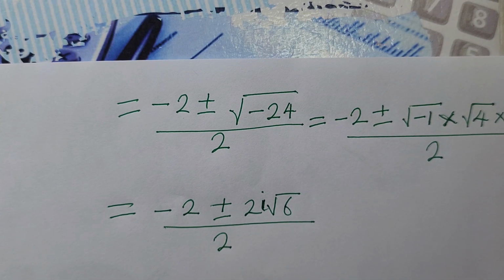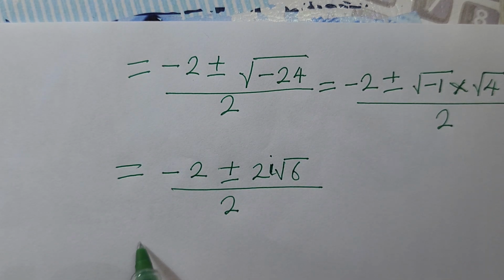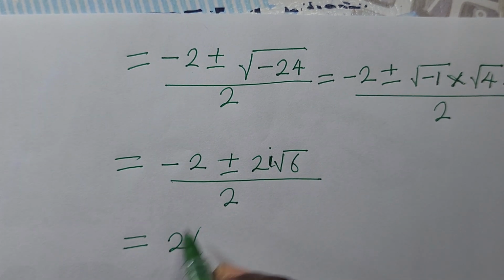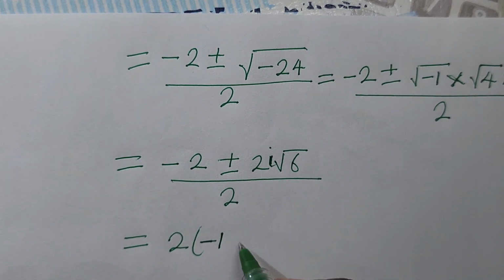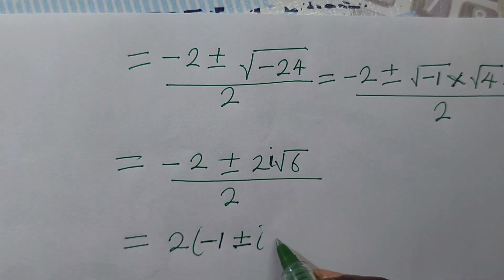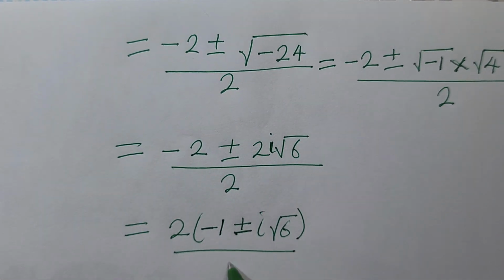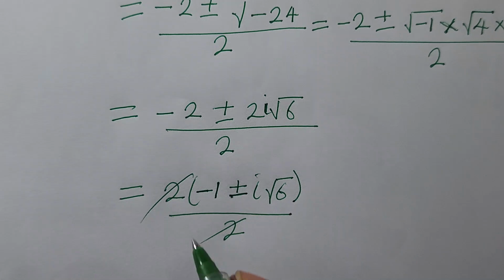From here, we can factor out 2 from this expression. So this is going to give us 2 into minus 1 plus minus i into the square root of 6, close bracket, all over 2. Of course, these two go with these two.